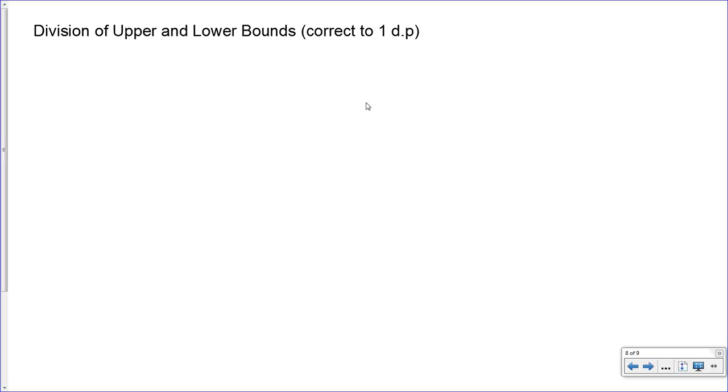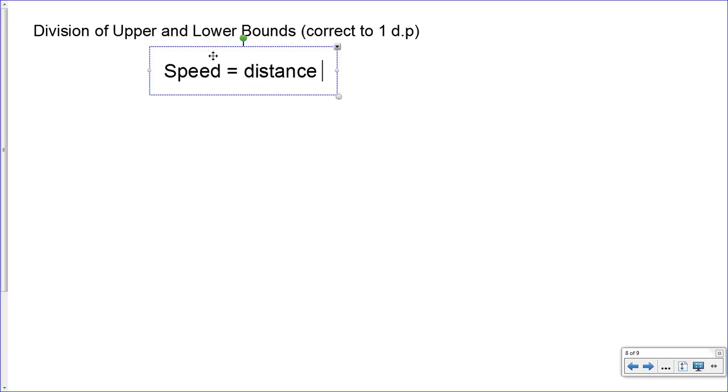Okay, so division of upper bounds and lower bounds. This is when things get a bit different. Let's take, for example, the equation speed equals distance divided by time.